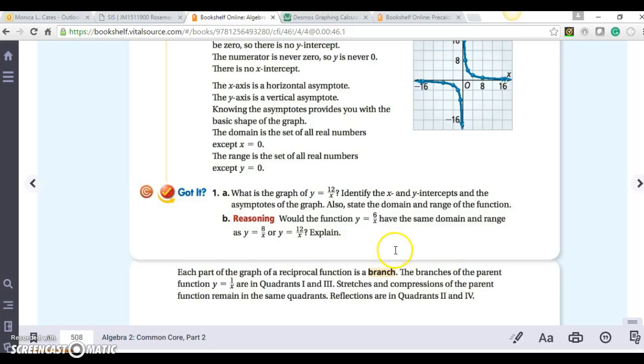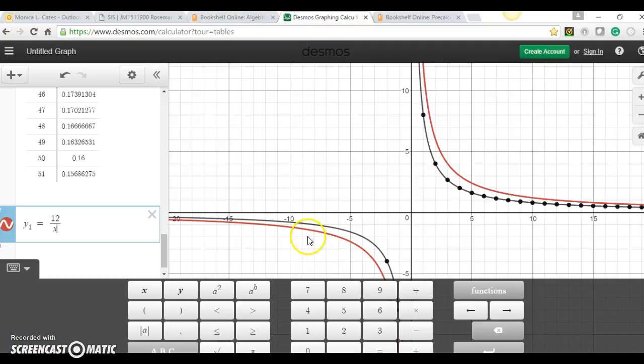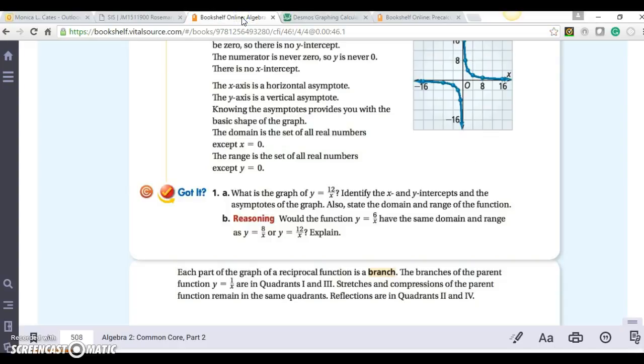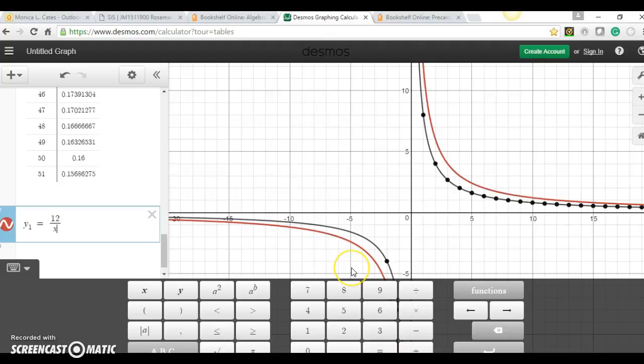Let's see, what else do they ask me? It says identify the x and y intercepts. And as you can see, there aren't any x or y intercepts, just like the first one. And it says also state the domain and range. You can probably guess that the domain and range are the same. For the domain, it's all real values of x except for x equal to 0. And for the range, it's all real values except for y equal to 0.